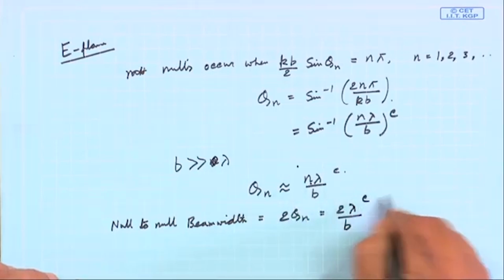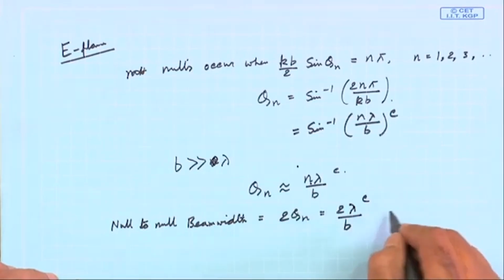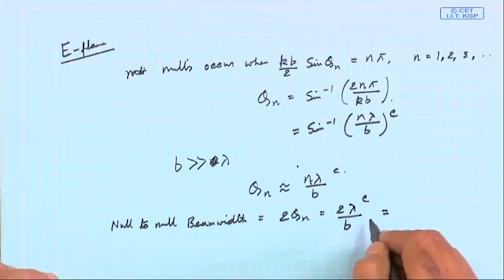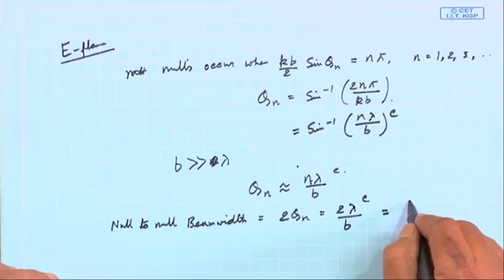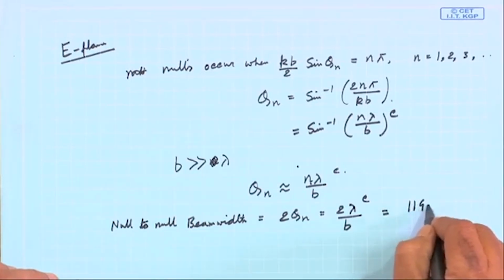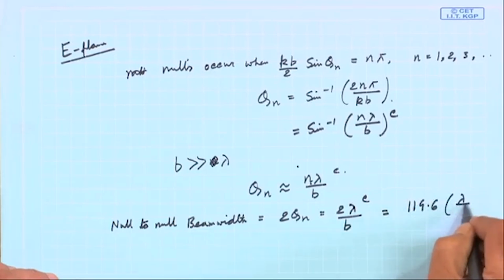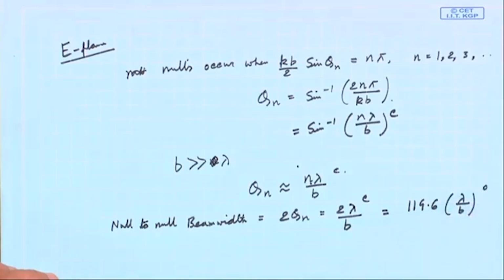This is in radian, and you can convert it to degree, that will give you 104.6 lambda by b in degree.